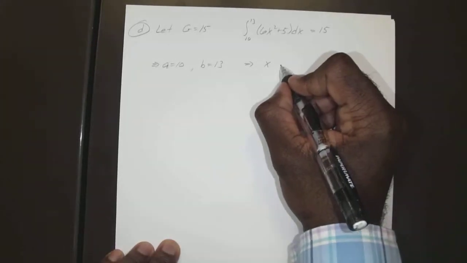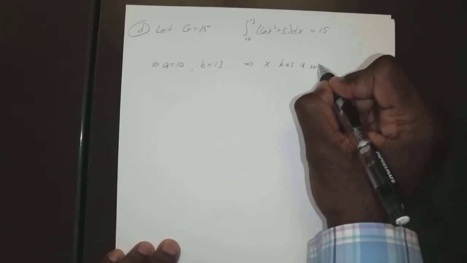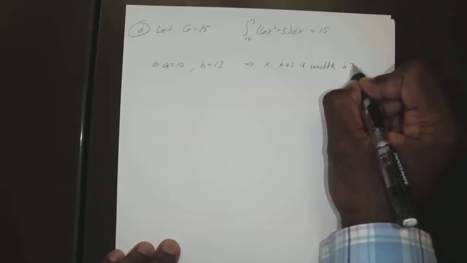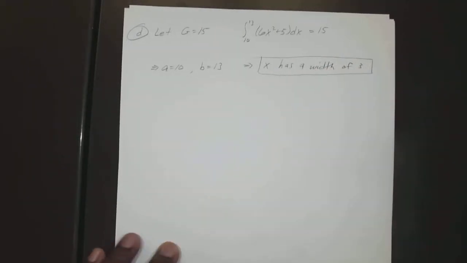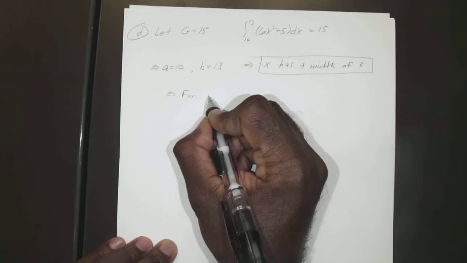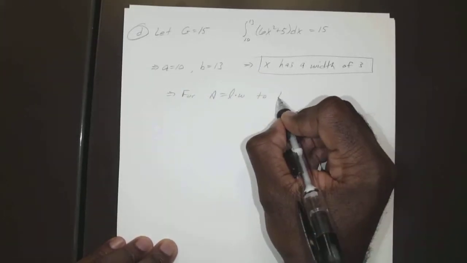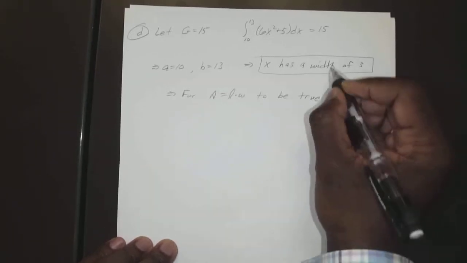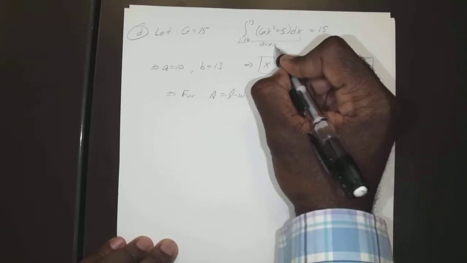So x has a width of 3, which hasn't changed. And again, if you had it down to just one rectangle, for the area equals length times width to be true, and again, you know your area, remember that's the area of your 6x squared plus 5.